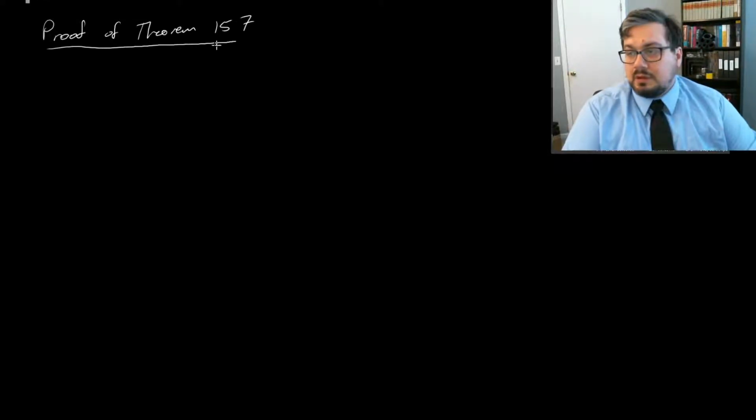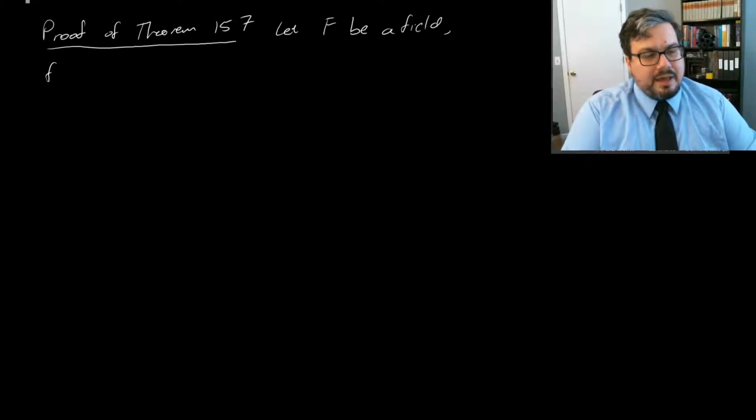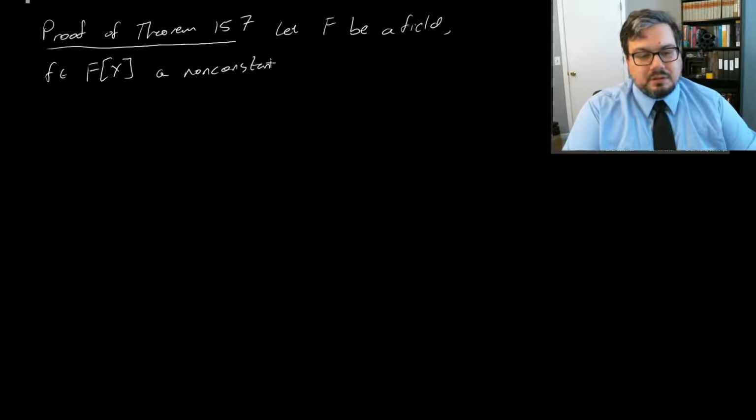Okay, so now let's do a proof of Theorem 157. So let's let F be a field, and f in F adjoin x a non-constant polynomial.